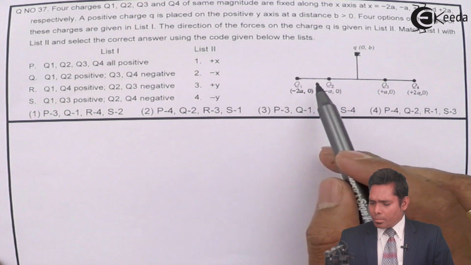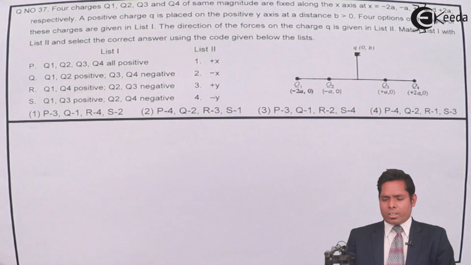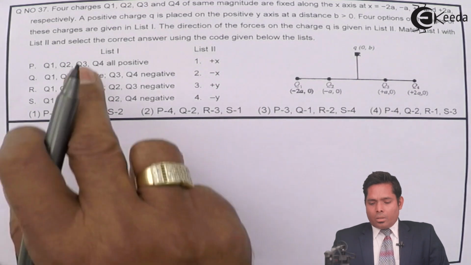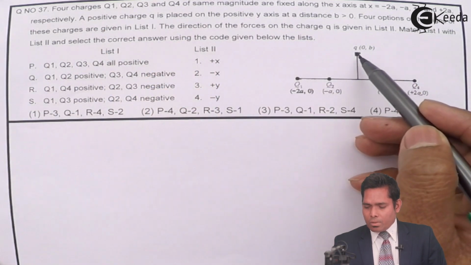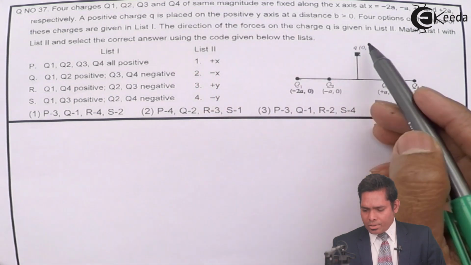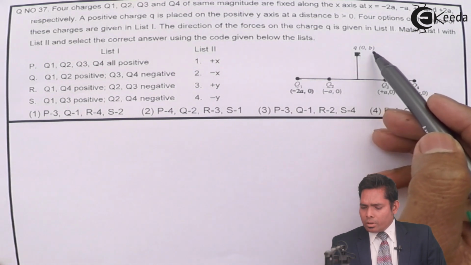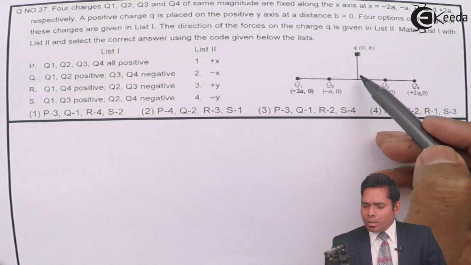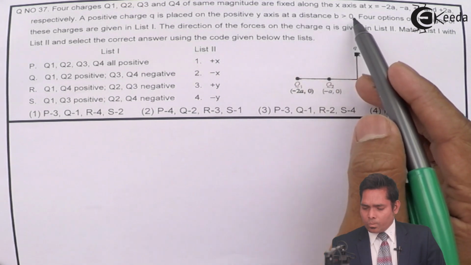So these are the positions where the charges Q1, Q2, Q3 and Q4 are fixed. A positive charge Q is placed on the positive y-axis at a distance b, where b is greater than 0.